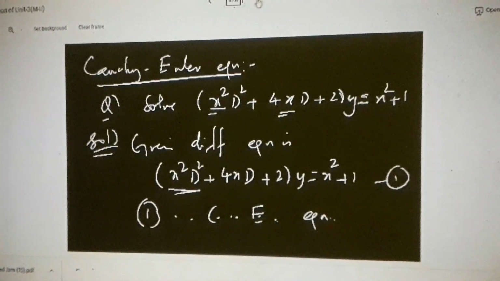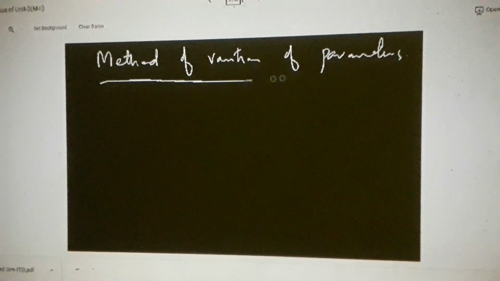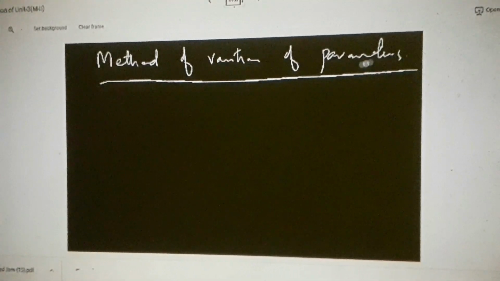So now let us talk about the method of variation of parameters first. In the examination they'll ask, do it by the method of variation of parameters.